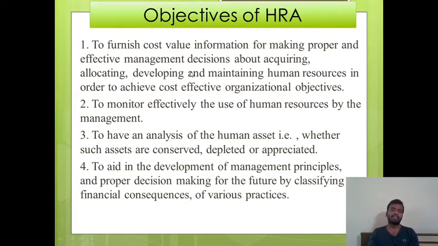The fourth point is to aid in the development of management principles and proper decision making for the future by classifying financial consequences of various practices. What is said? Proper decision making for the future.